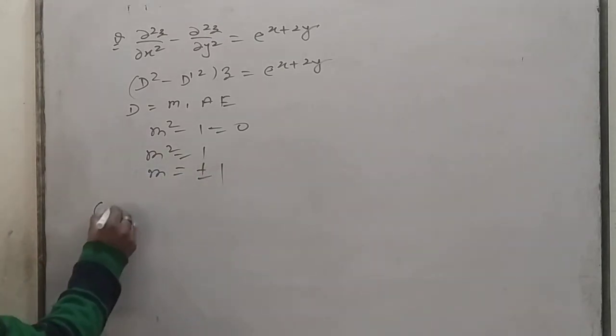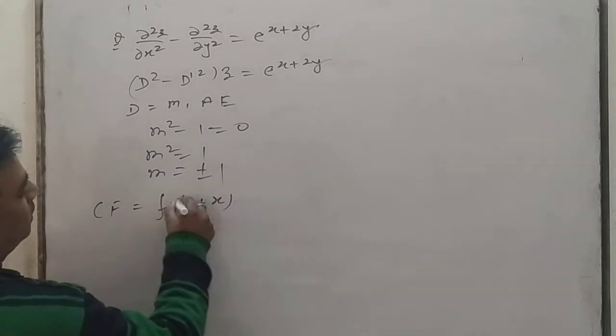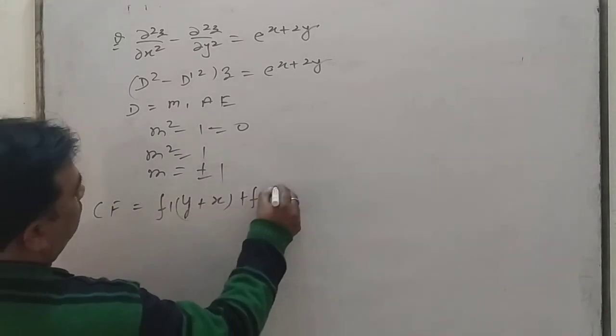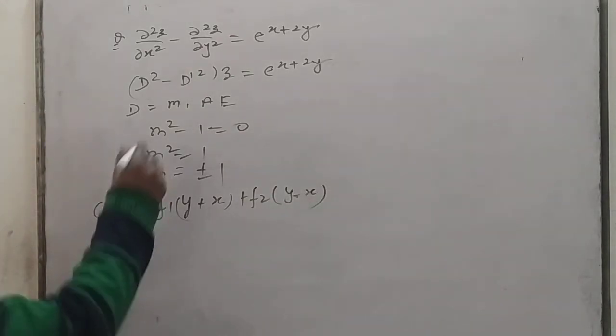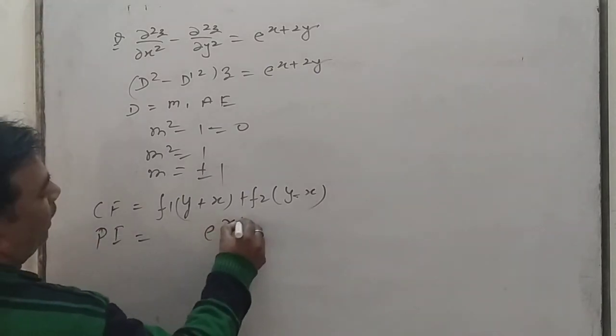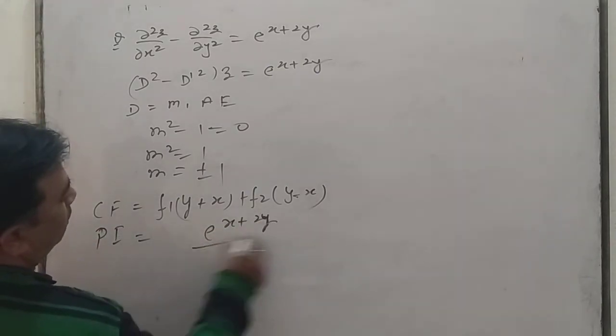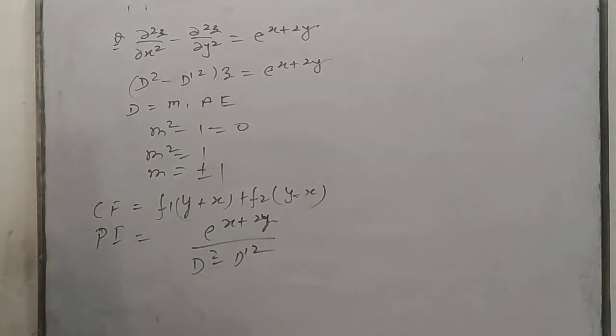Then CF is f1 (y plus x) and f2 (y minus x). After that PI, the RHS value: e to the power x plus 2y divided by d square minus d dash square.